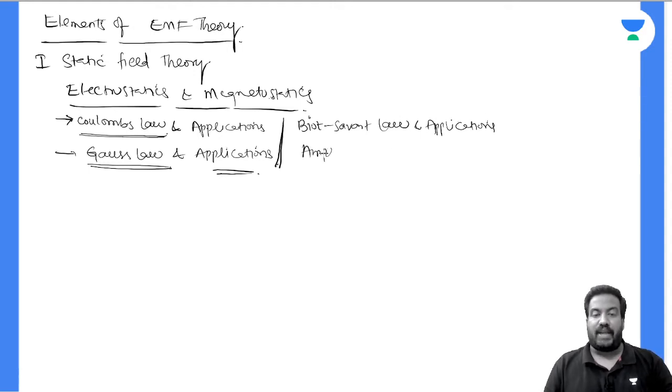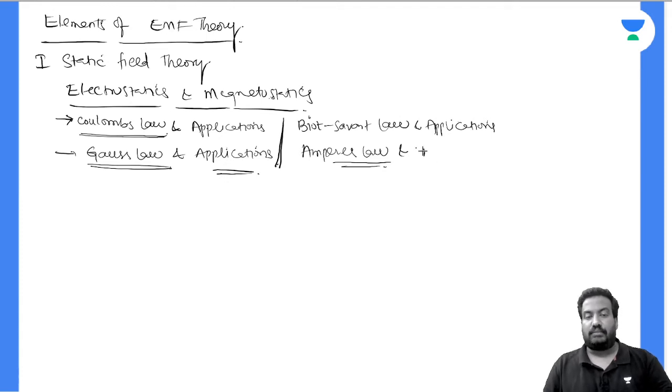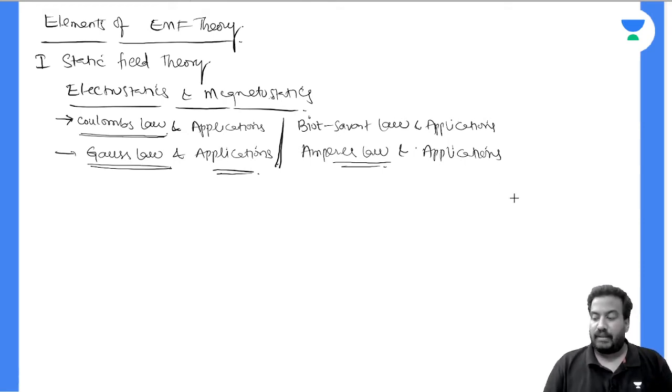The special law is Ampere's law, and we can apply Ampere's law only when we define an Amperian path. An Amperian path is something which is symmetric with respect to the current distribution.